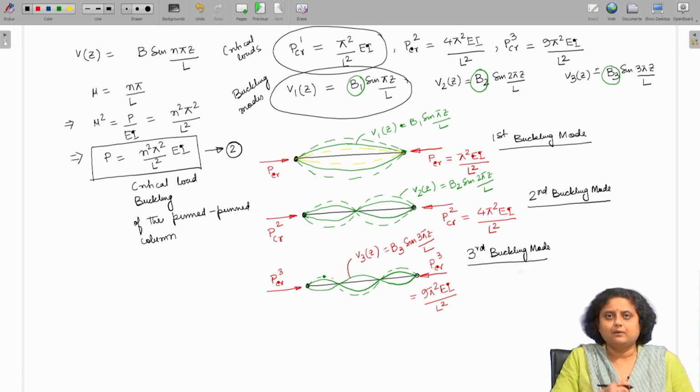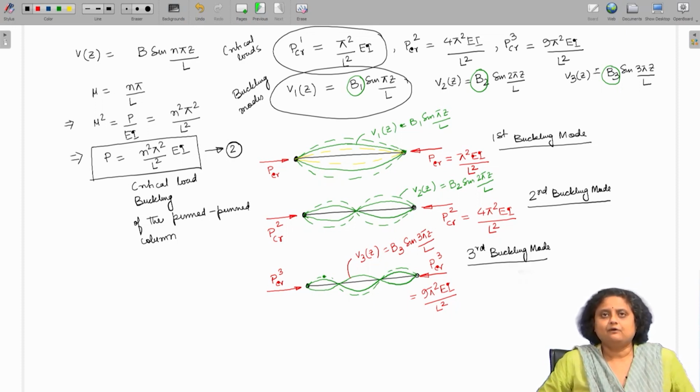So, now if we summarize, if we have a pin column, we have found that one possible equilibrium solution of the column under axial compressive load P happens when P is equal to P criticals. So, there would be an infinite number of P critical values. The first critical value is given as pi square E I by L square and so on.